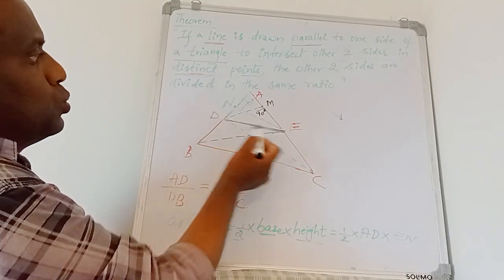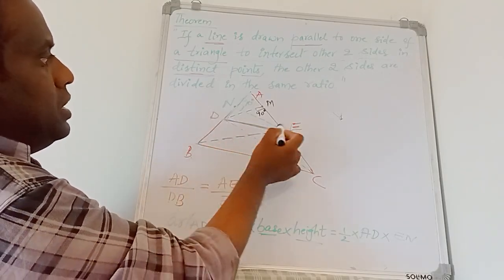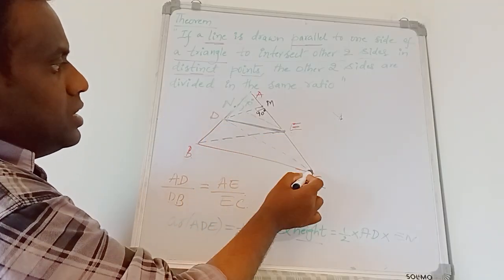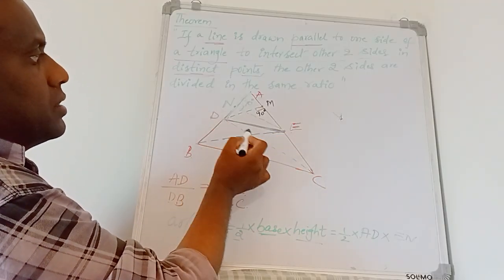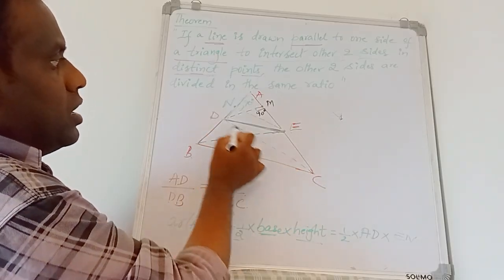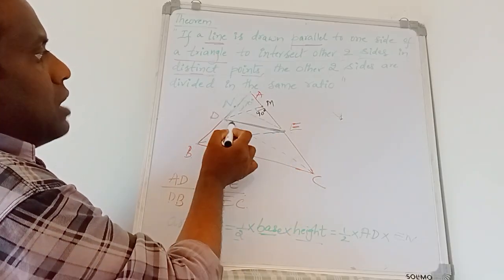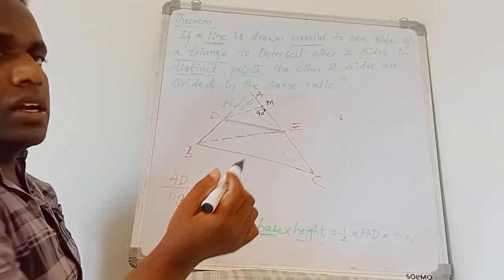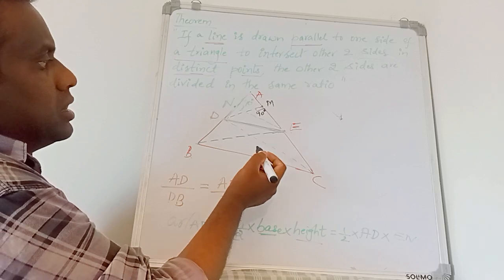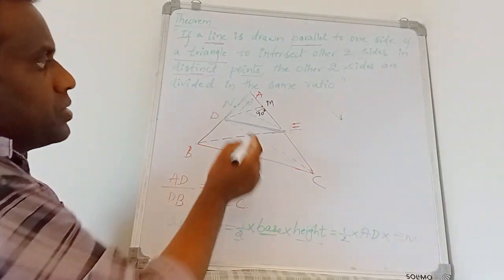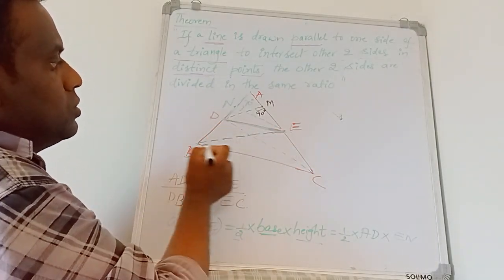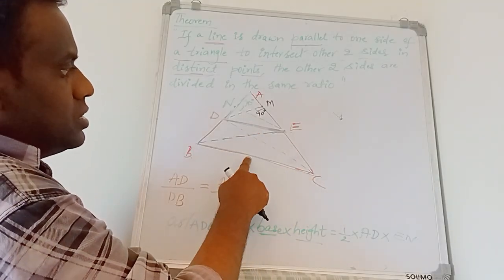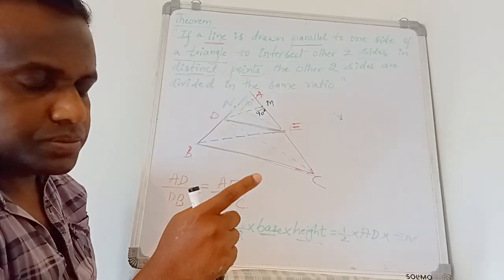So these two triangles BDE and DEC have this common base, and they lie between the same parallels. This line is parallel to this line.